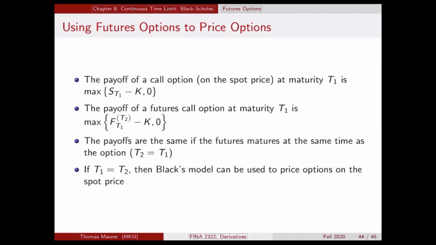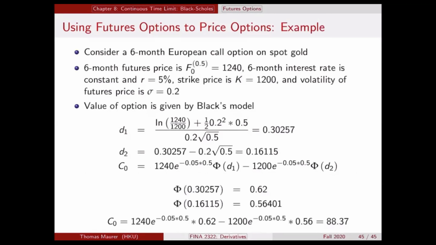Since the payoffs are the same, the futures option and the option written directly on gold must be the same. So we have figured out here the futures call price, which is the same as the call price directly written on gold, and we could do that without having to deal with storage costs for gold or potentially a convenience yield for gold. Again, because these quantities are already incorporated in that futures price, and we don't have to worry about them anymore.